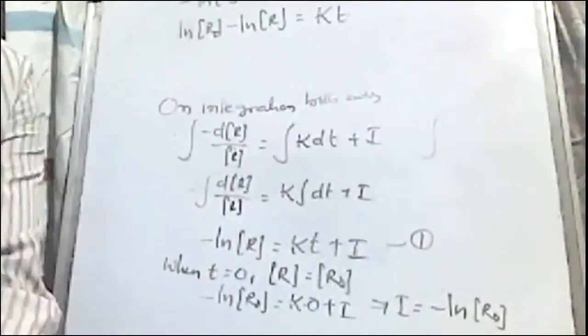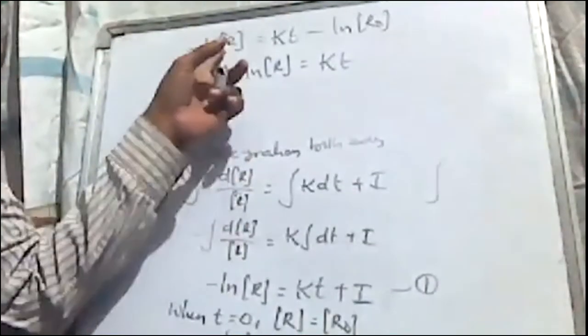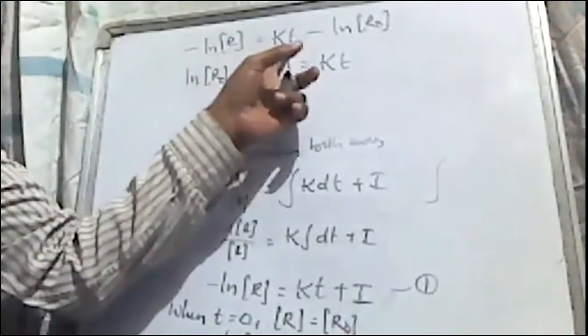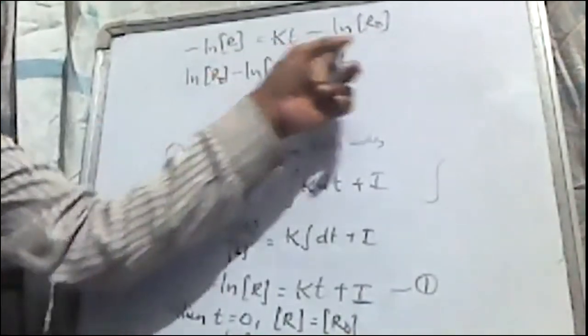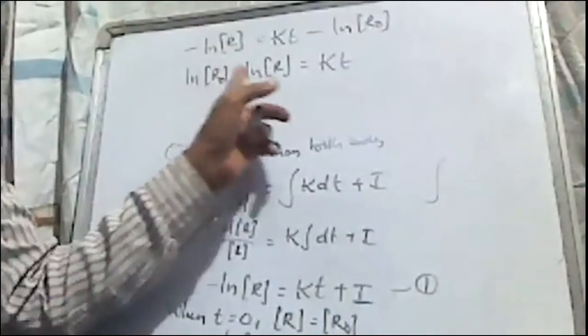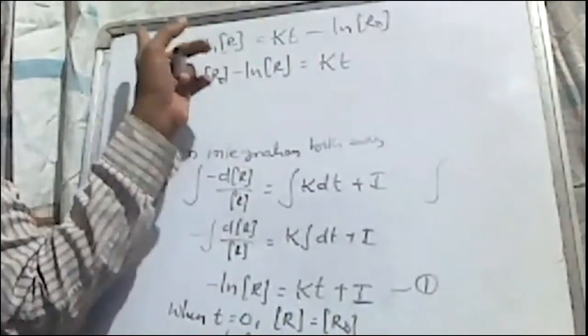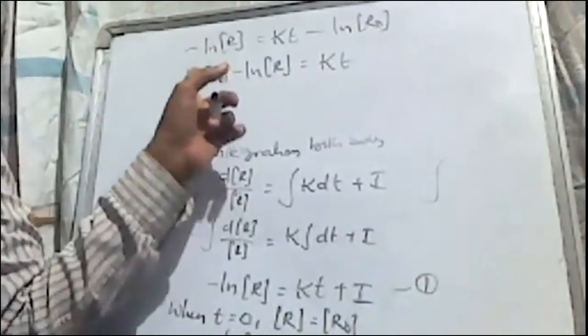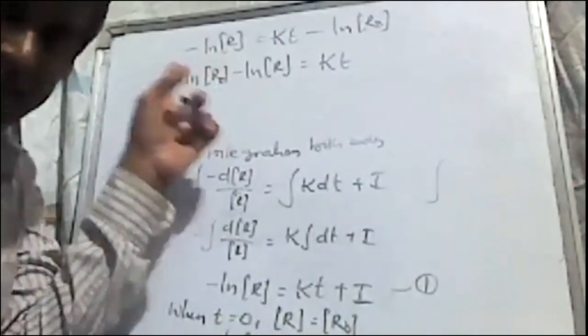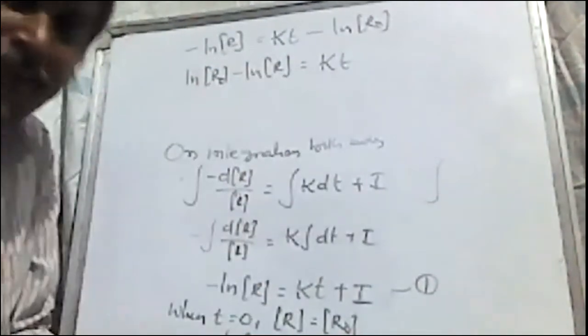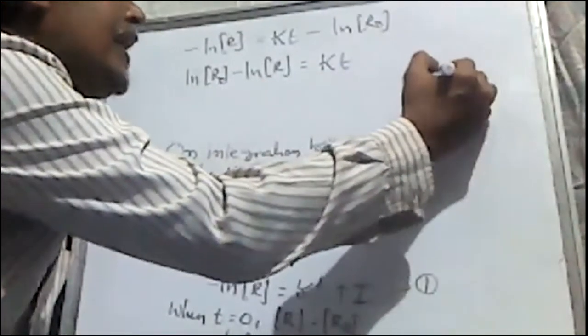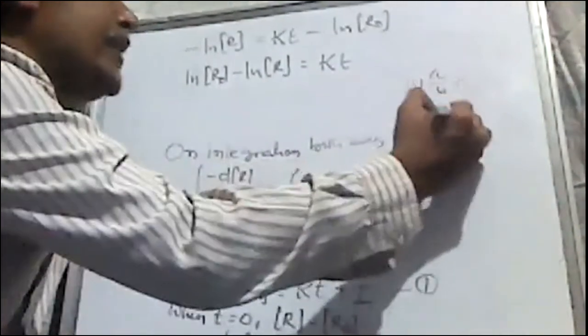As the minus is brought to this side, it becomes positive. Now it is in the form of ln a by b. What is the form of ln a by b?